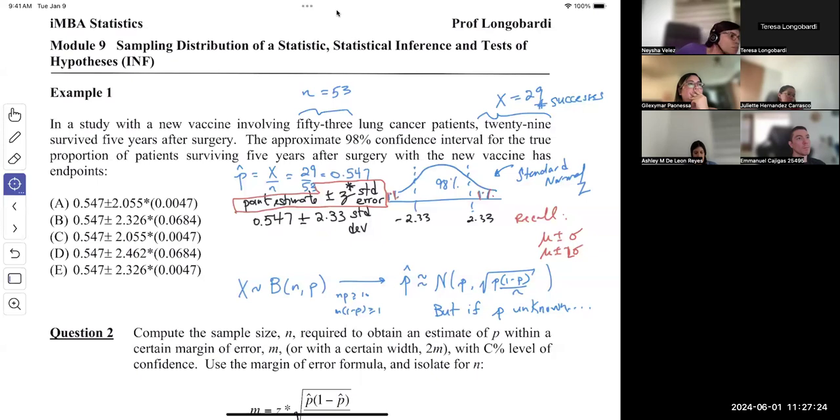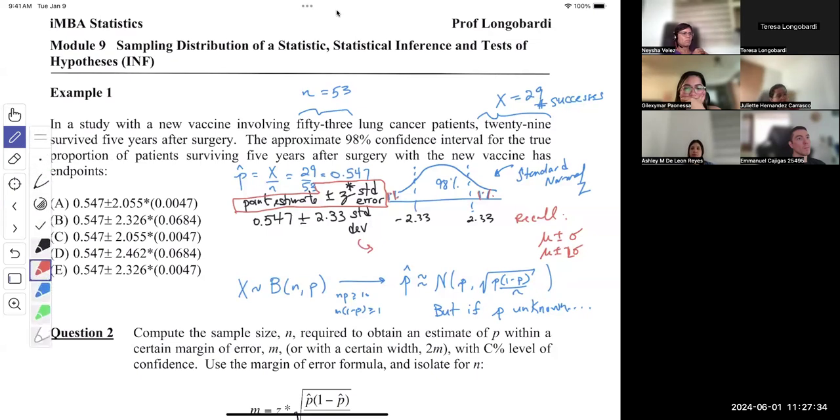And then I'll do the same thing with the standard deviation. I'm going to put P hat inside of here. So the standard deviation is computed using the square root of P hat, 1 minus P hat, over N.